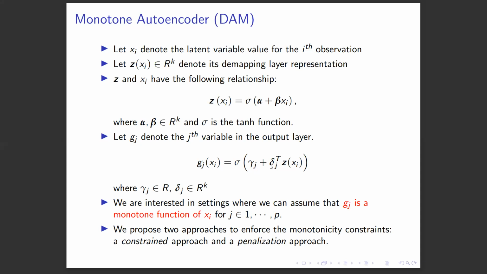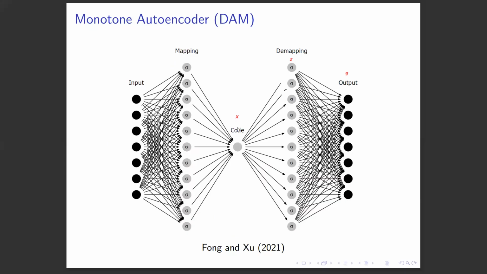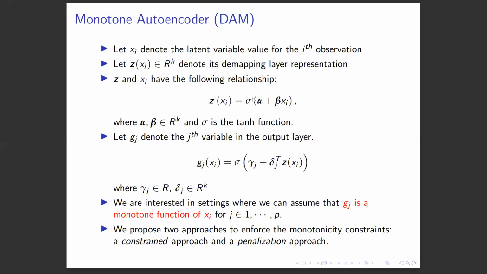And by monotonicity, what we mean is that g as a function of x. This layer is g, this layer is x. G as a function of x, we want it to be monotone. There are two ways we can do this. The first way is the constrained approach, and the second way is the penalization approach.